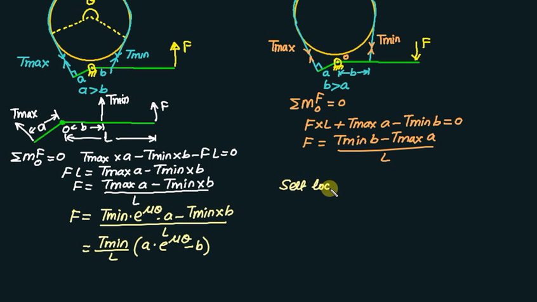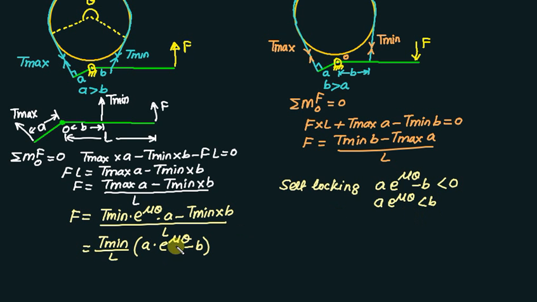So for self-locking, A into e to the power mu theta minus B must be less than 0. In that case, this value is negative. You have to apply the force to disengage the brake. Or we can say A into e to the power mu theta is less than B.